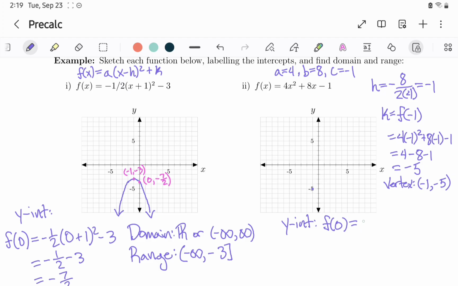So we're going to have 4 times 0 squared plus 8 times 0 minus 1, which is just going to equal -1. So we have a y-intercept at 0, -1.